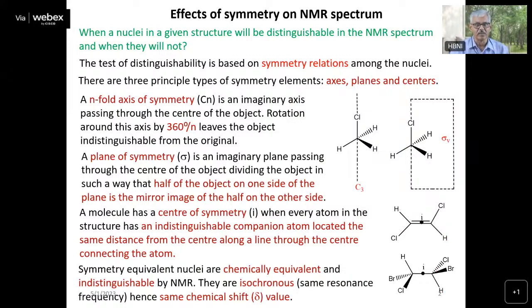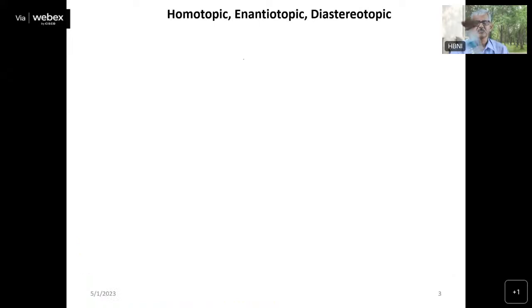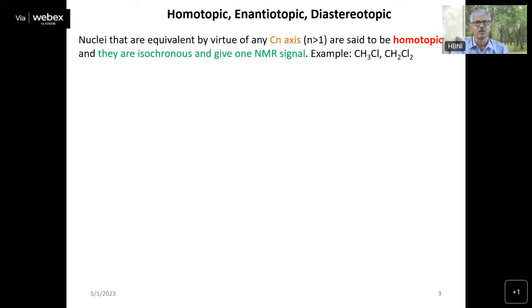Symmetry equivalent nuclei are chemically equivalent, and they will be indistinguishable by NMR. They will have the same resonance frequency, so they are isochronous, and they will have the same chemical shift. Now, based on the symmetry elements present in the molecule, all the molecules can be classified as homotopic, enantiotopic, or diastereotopic.